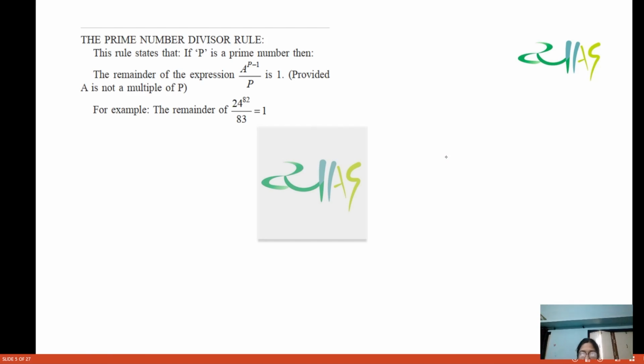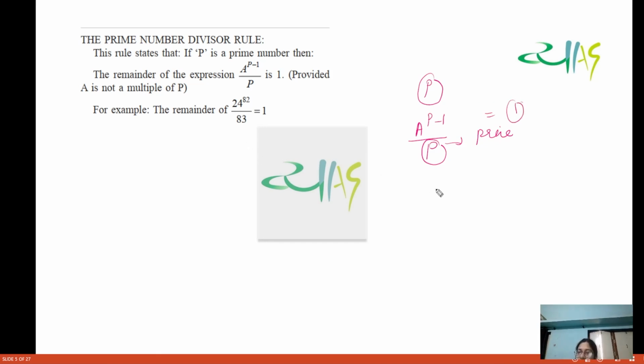Now let's move forward. There is one more important rule. It says that to find the remainder of an expression a to the power p minus 1 divided by p, where p should be a prime number, that remainder will be equal to 1.